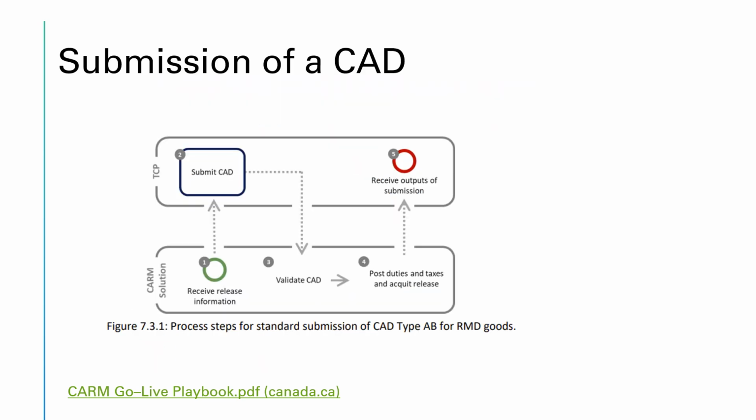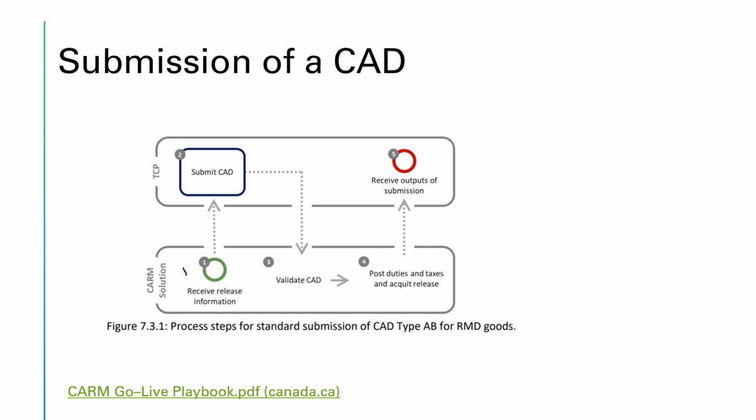Now, what is the process to submit a CAD form in the system, in the portal? Well, the first step will be to receive all the release information, like the port, the vendor, who's the importer of record, what are the commodities. So that is step one.